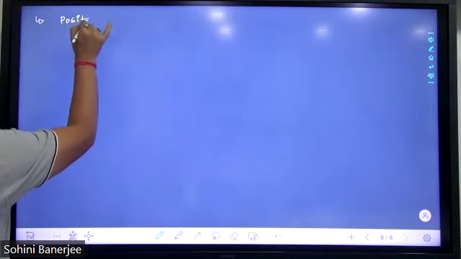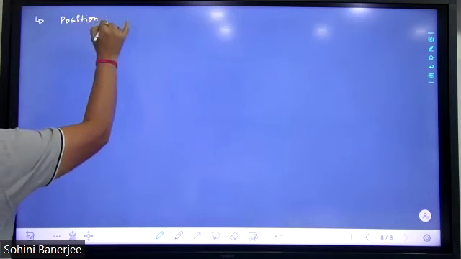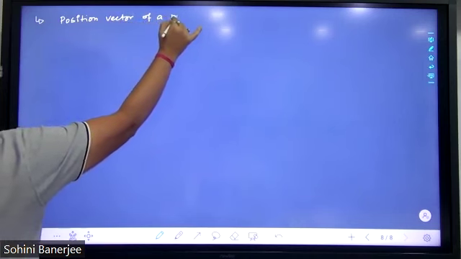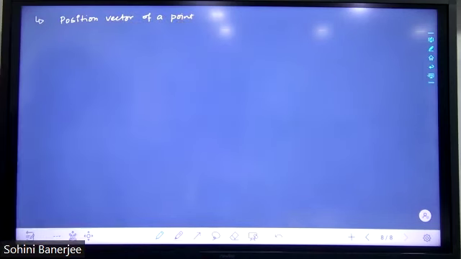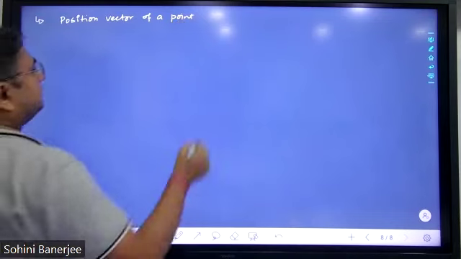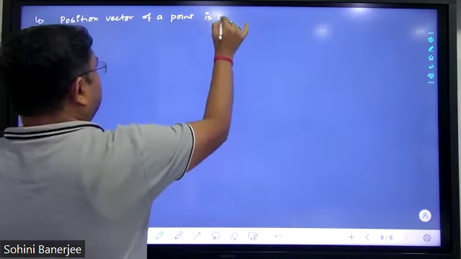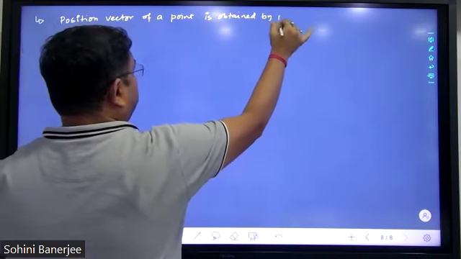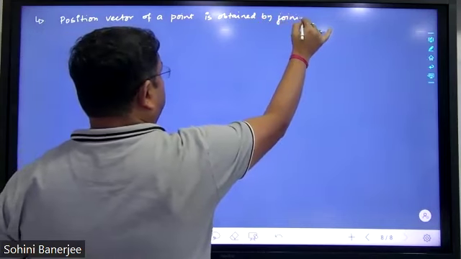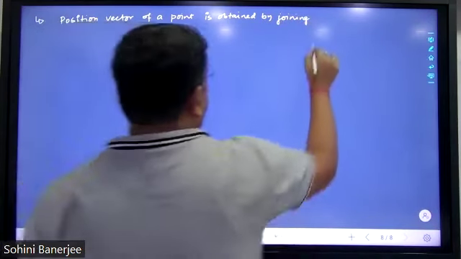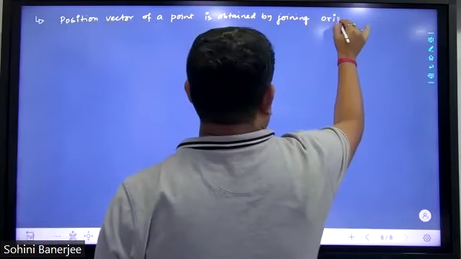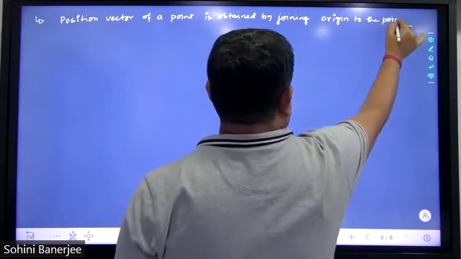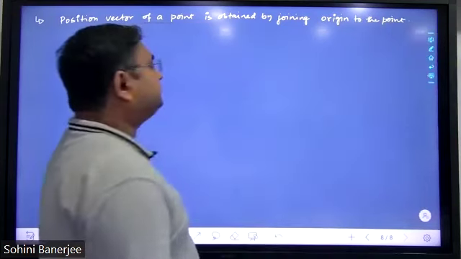This we will study in detail later. I just introduce it. Position vector of a point is obtained by joining the origin to the point.